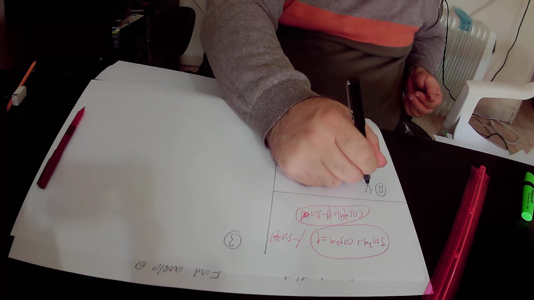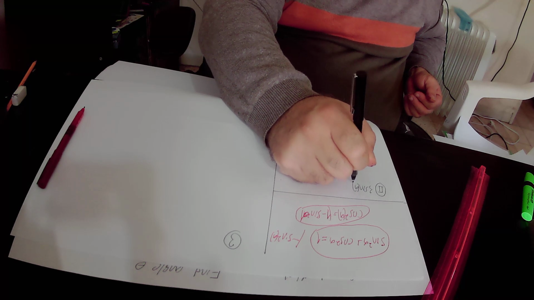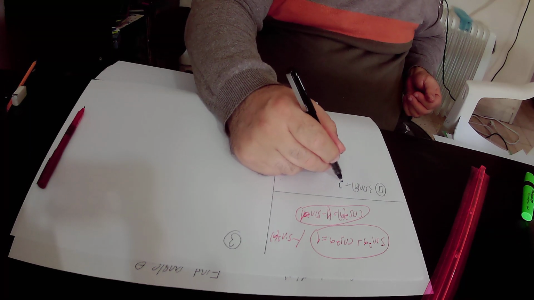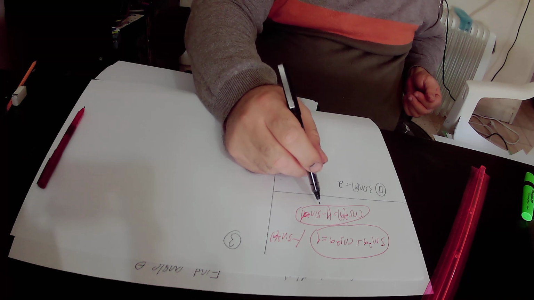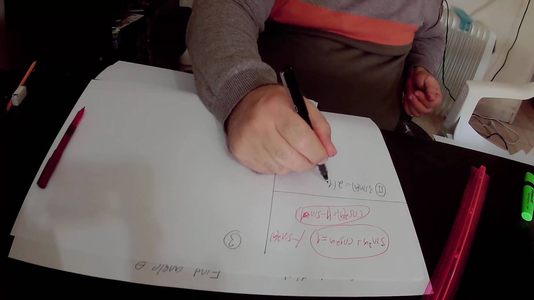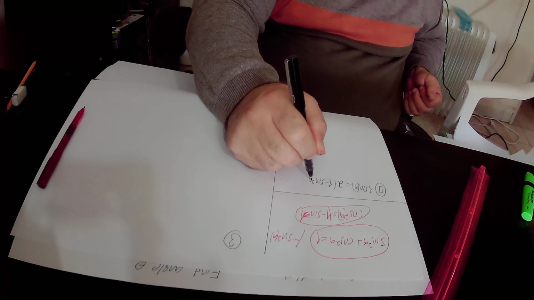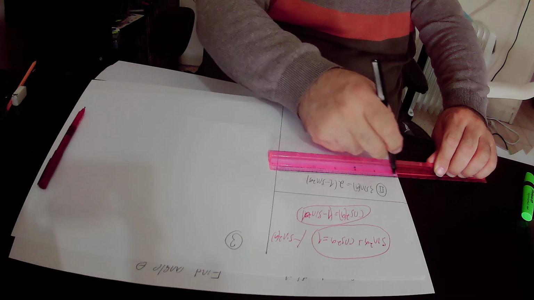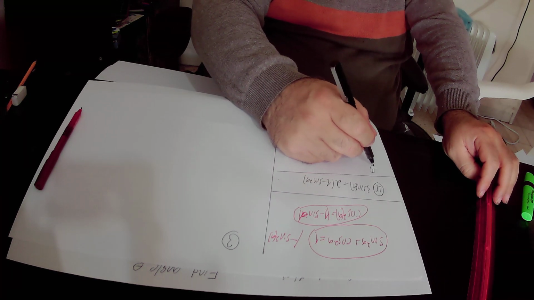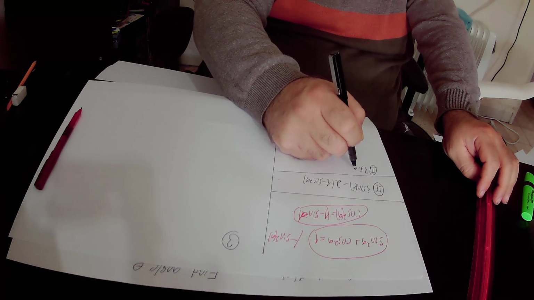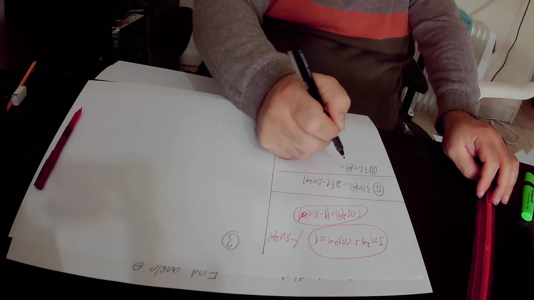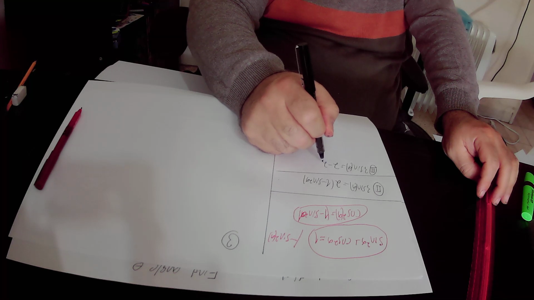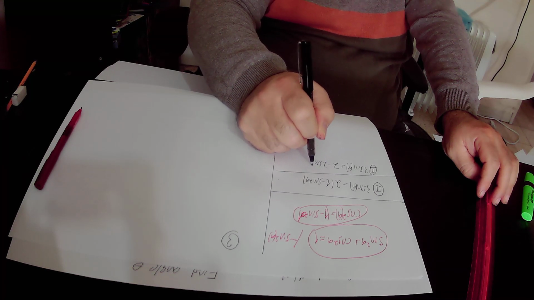3 sine alpha equals 2 cosine square alpha. But cosine square alpha, according to this trigonometric identity, equals 1 minus sine square alpha. We'll open the brackets on this side of equation number 2, and we get that 3 sine alpha equals 2 times 1 is 2, and 2 times minus sine square alpha equals minus 2 times sine square alpha.